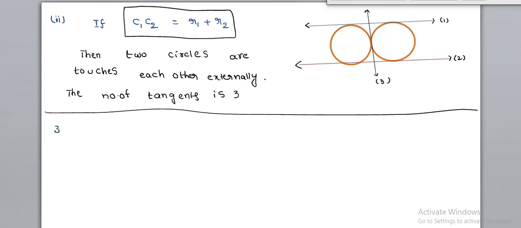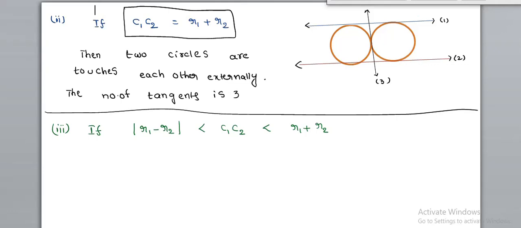Condition number 3. If modulus R1 minus R2 is less than C1C2, which is less than R1 plus R2.